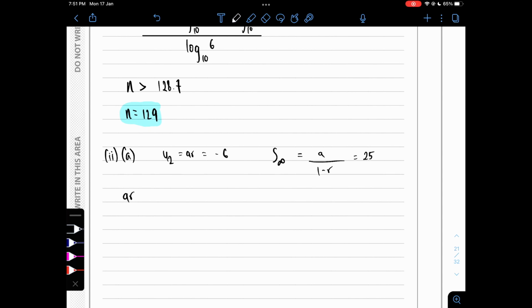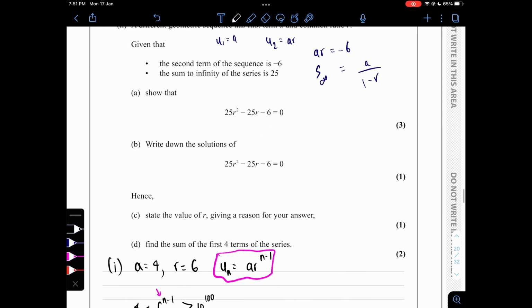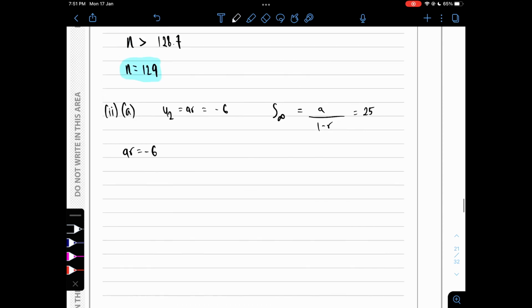So ar equals negative 6. You can see there's an a over here, and there is no a in this equation, so we can make a the subject. So a equals minus 6 over r here, and a over 1 minus r equals 25. So multiply by 1 minus r. We can just substitute them all together.